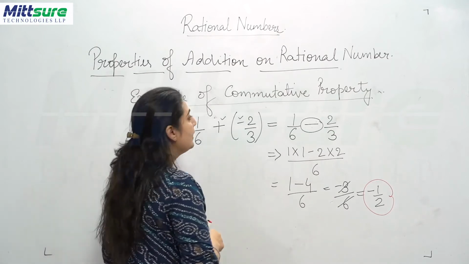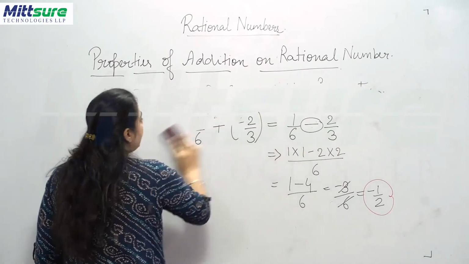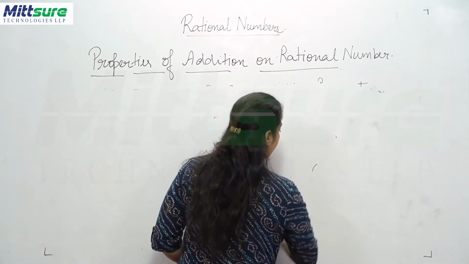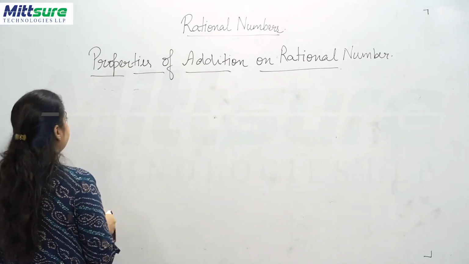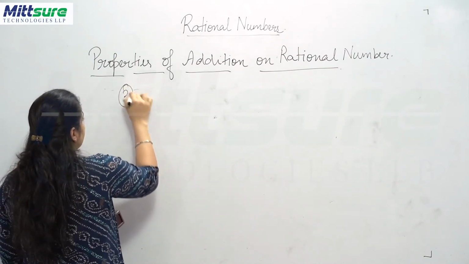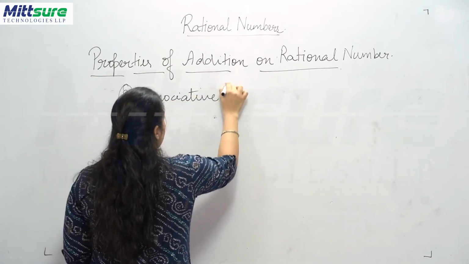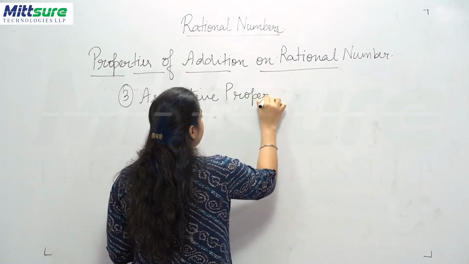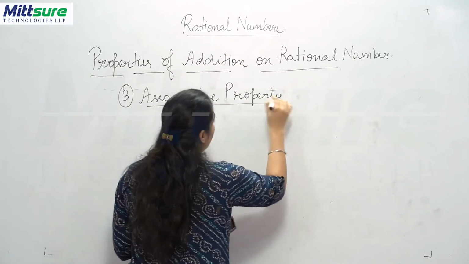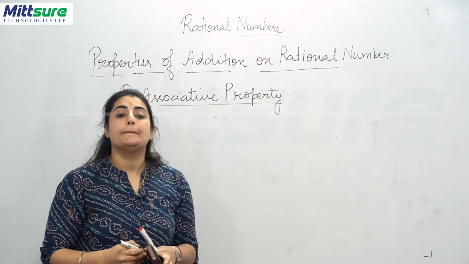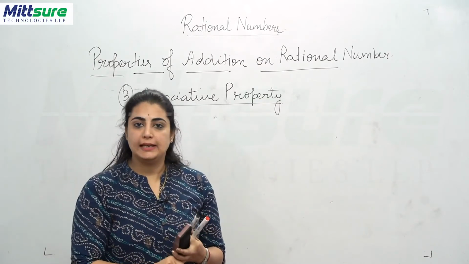Now let's come to the next property. The next property that we will talk of is the associative property. In associative property, again we will be talking of the arrangement of the rational numbers, but there will be arrangement plus grouping of the rational numbers taking place.